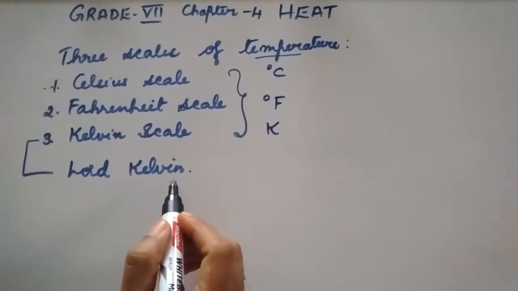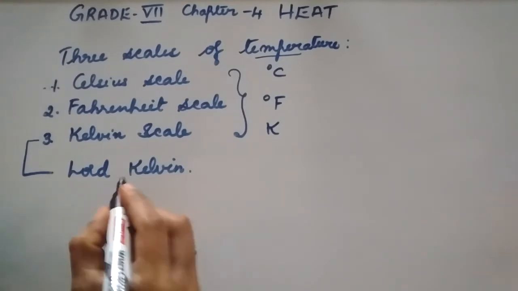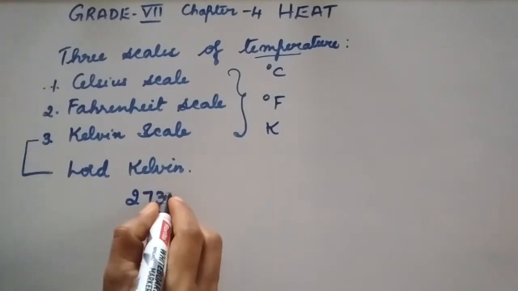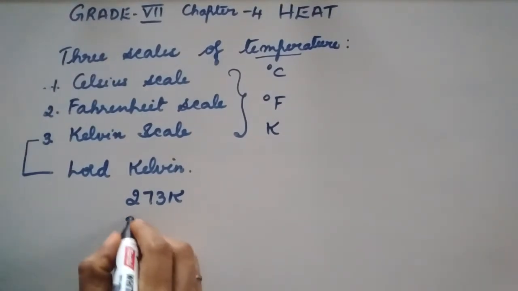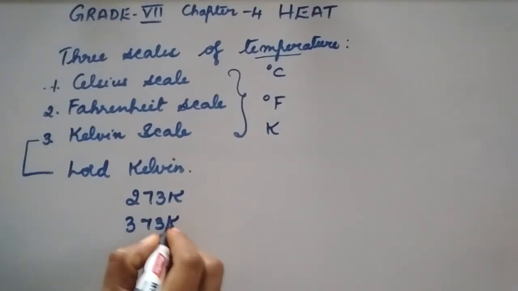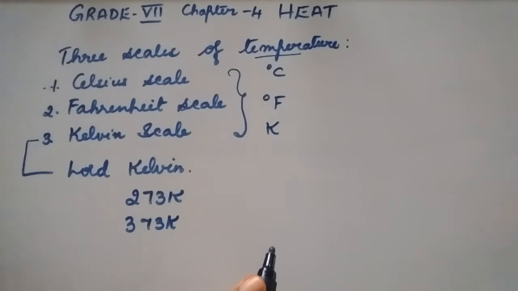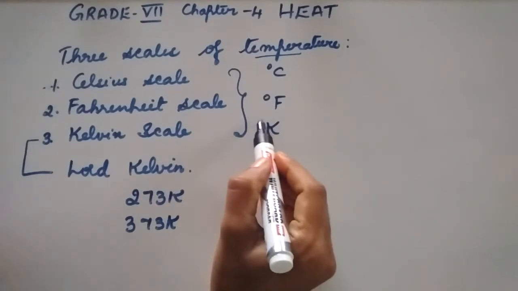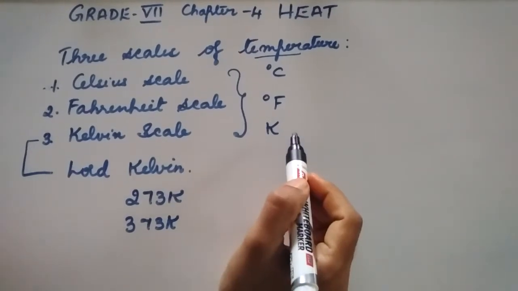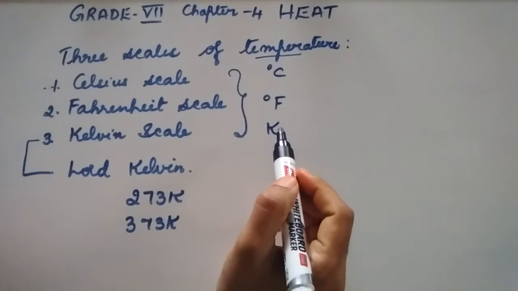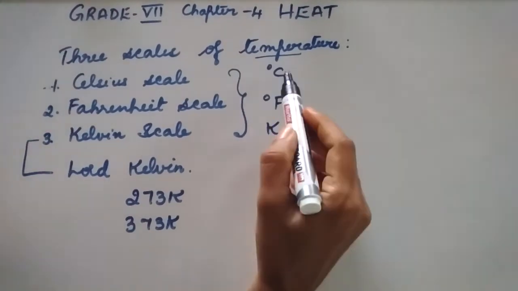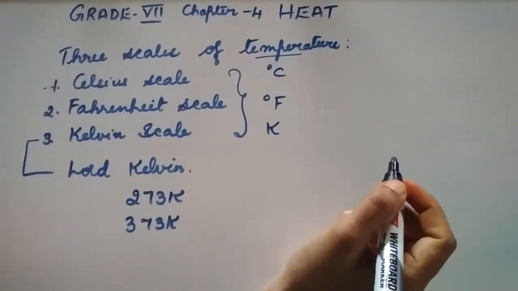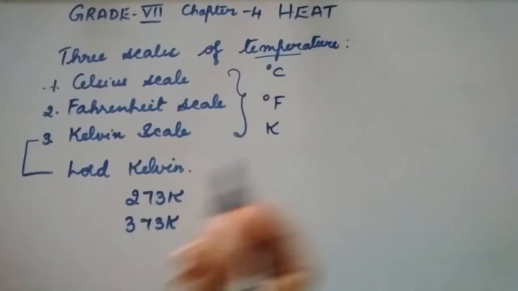On this scale, the freezing point of water is 273 Kelvin and the boiling point is 373 Kelvin. The degree sign is not used in the Kelvin scale. It is used only in the Fahrenheit scale and the Celsius scale. Is this clear, students?